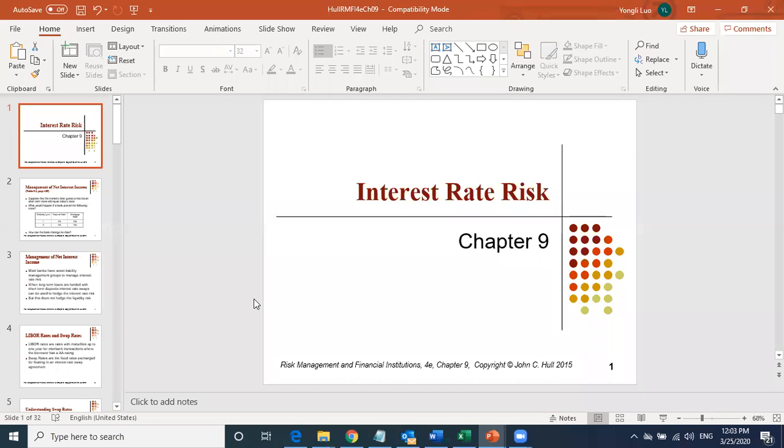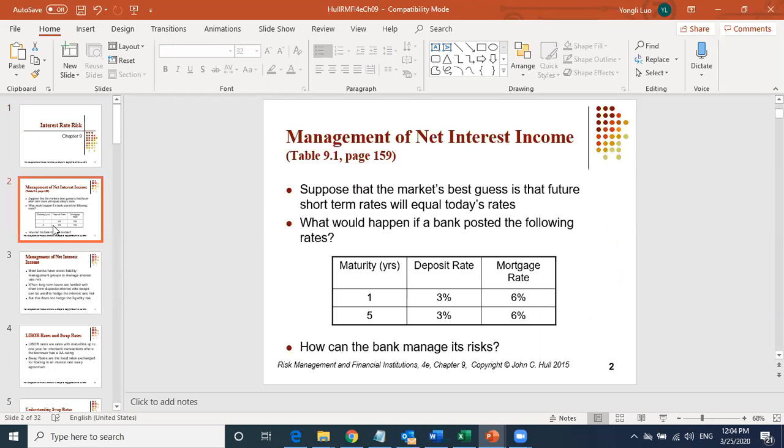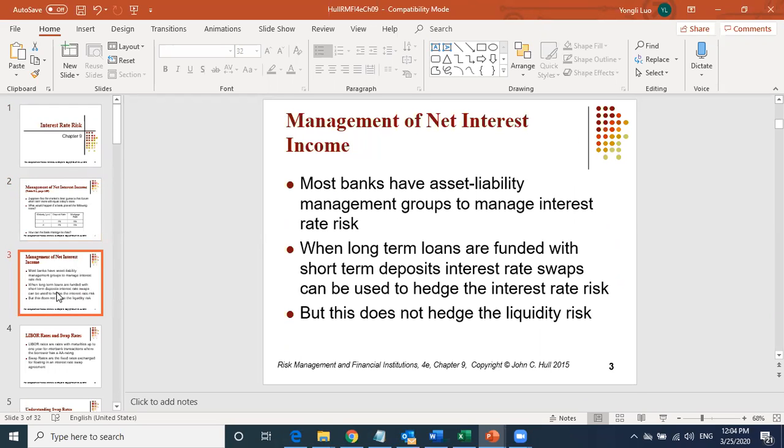Okay, chapter 9, we talk about interest rate risk. The interest rate risk is very important in risk management. So basically, the banks and the financial institutions using debt or long-term loans, all those financing will pay interest rate.